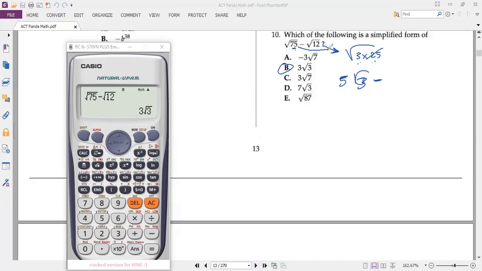Number 2, 4. This is a square number times 3. So we have 4 root 3, which is 2 root 3. We have 5 minus 2 is 3, just like variables. Okay. This is very, very easy with a calculator, less than 1 minute. In case you don't have a calculator, I explain it here.